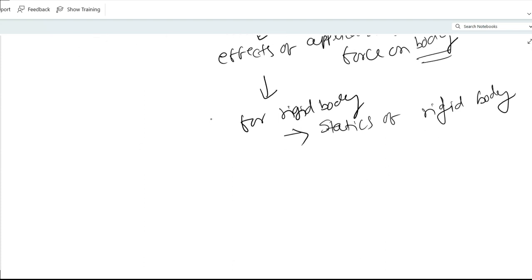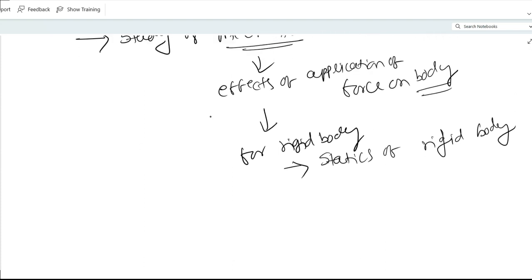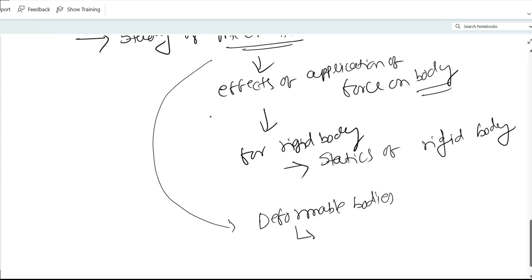But when we are studying mechanics or the effects of application of forces on deformable bodies, we call the study statics of deformable bodies.